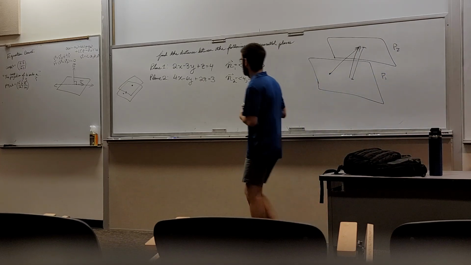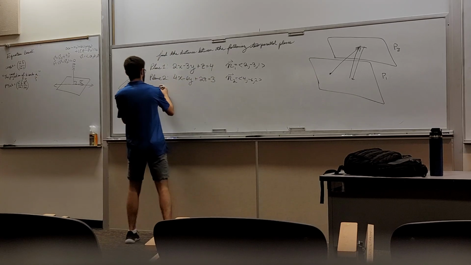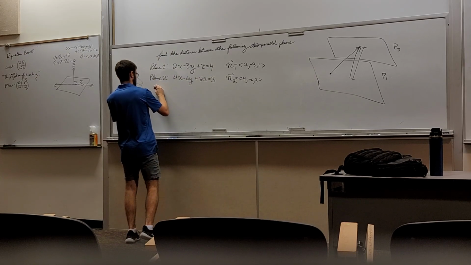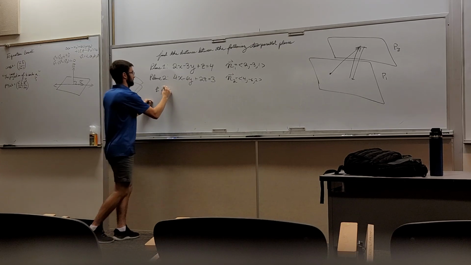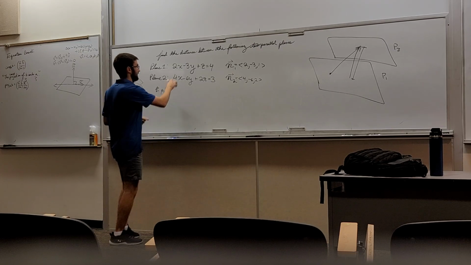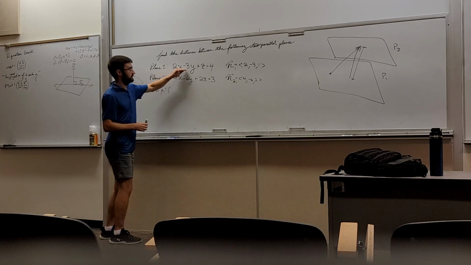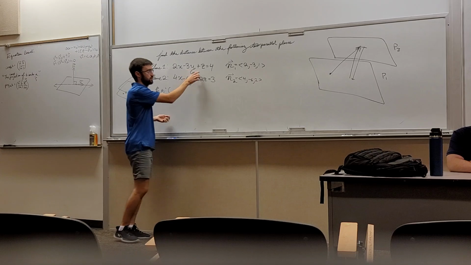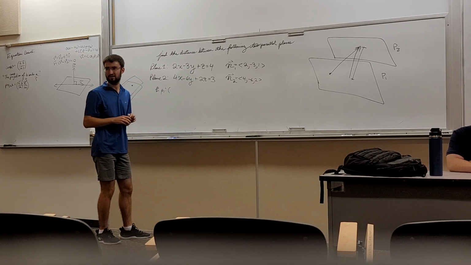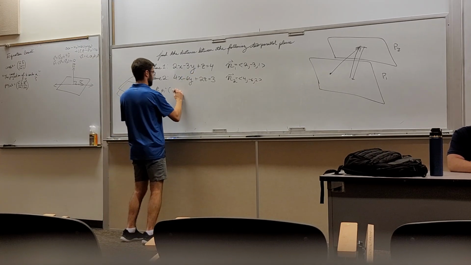Okay, so we'll find a point on plane 1. Let's call it lowercase p1, so it's not too confusing. We need a point x, y, z that satisfies this equation here. I think the easiest point might be 0, 0, 4. Does everyone see how that would satisfy that? So 0, 0, 4.